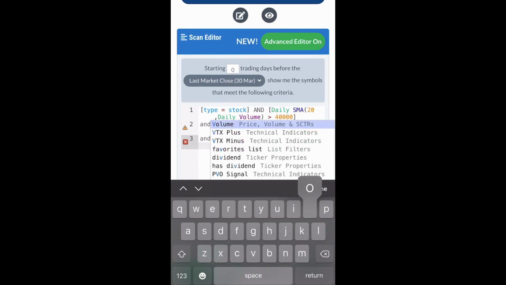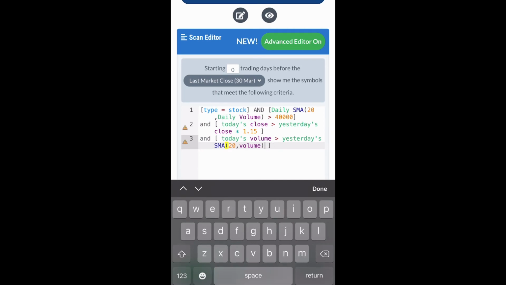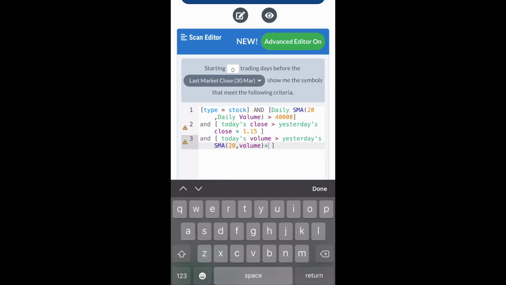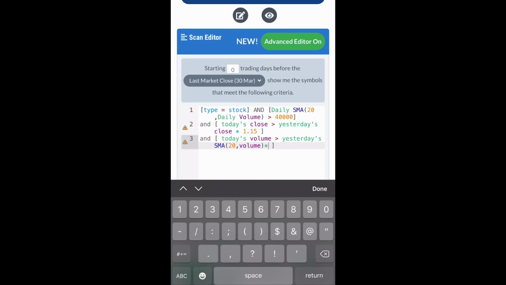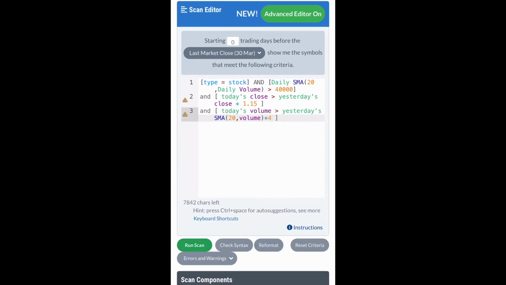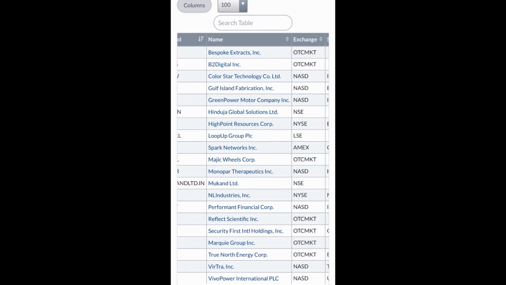So that's why we're going to put 20 days, and we're looking at volume. And we want it to be 4 times greater over the average, right? So multiply that by 4. So we're going to go ahead and run that scan, and we'll see that there's 20 options available, right?